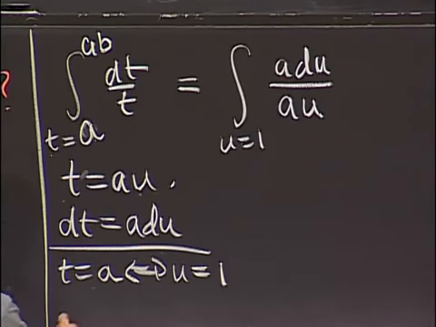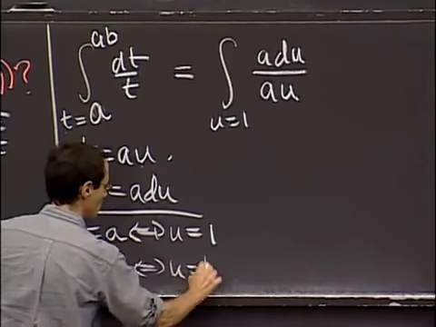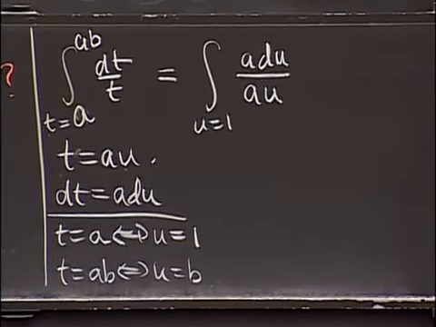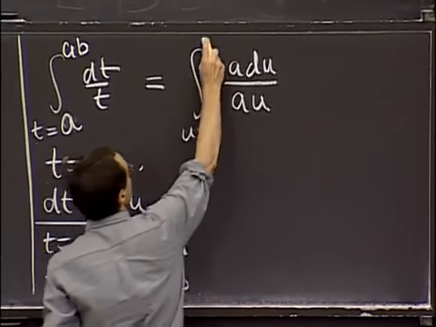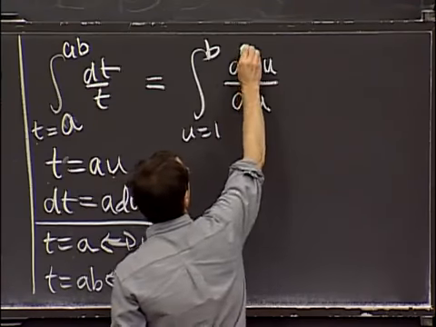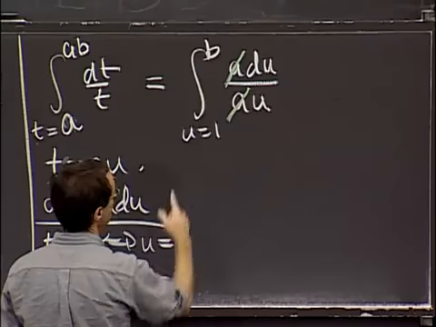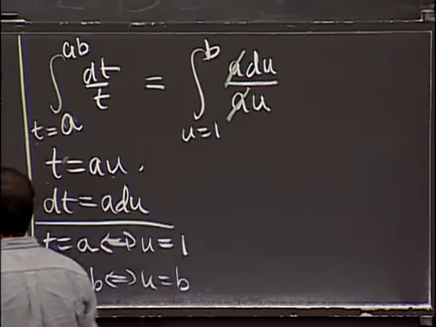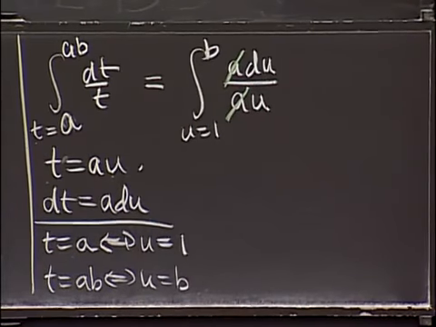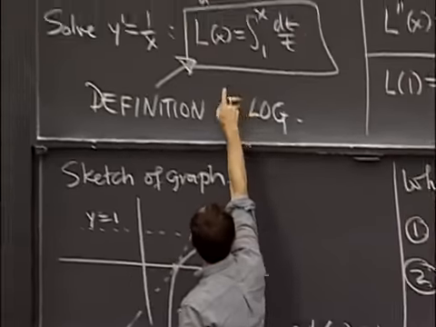And similarly, when t is equal to ab, u is equal to b. So the upper limit here is b. And now, if you notice, we're just going to cancel these two factors here. And now we recognize that this is just the same as the definition of L of B, because L of x is over here in the box.